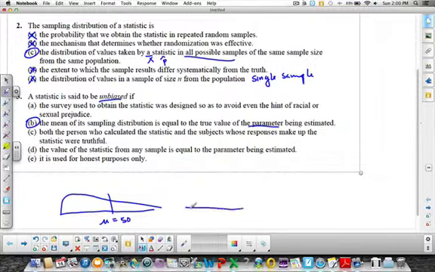Then if we looked at the sampling distribution for that population, let's say we're looking at samples of some really big size, like 1,000, so we're pretty sure that the sampling distribution is going to be normal at this point, then the mean of this sampling distribution must also equal 50.